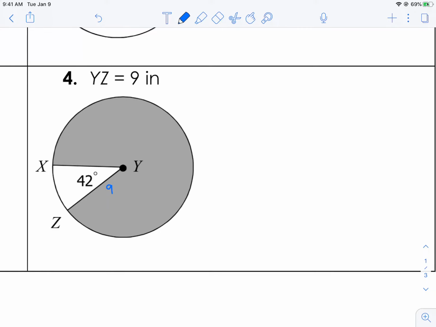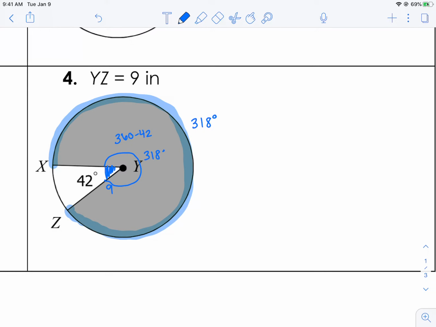Okay, well, a circle is 360 degrees around. So if this is 42, to find the shaded, I'm going to do 360 minus 42, and I get 318 degrees. So my intercepted arc is 318 degrees.